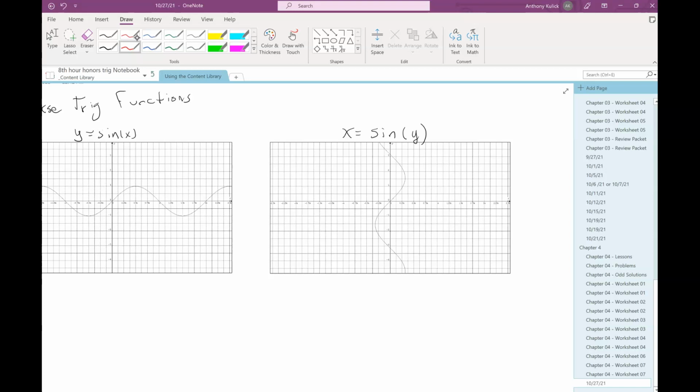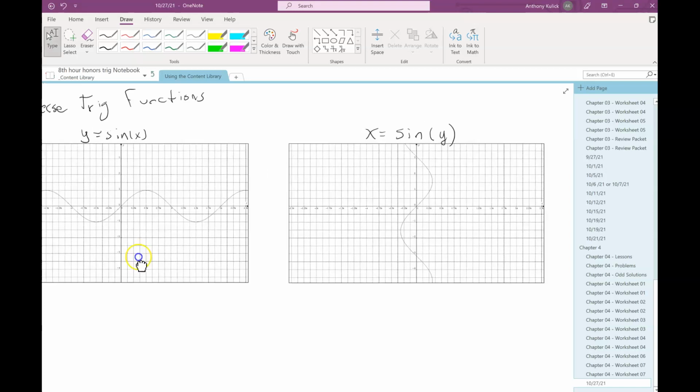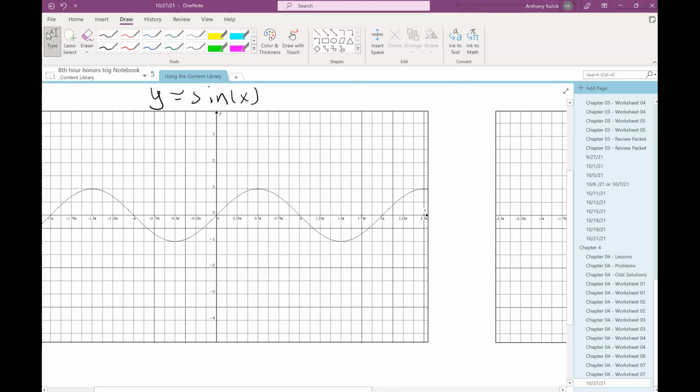Well, what we do is we go back to our original and we restrict the domain so that it'll pass a horizontal line test. So basically what we're going to do is just go from extrema to extrema, and that'll be a domain that covers all the y coordinates but doesn't repeat any.